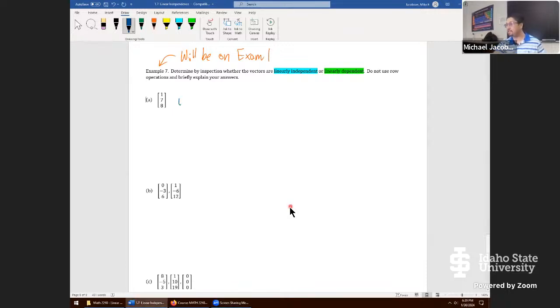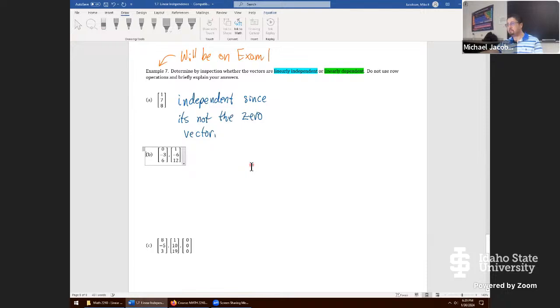This one is independent, since it's not the zero vector. So on the homework, this is pretty much all I'm asking for. On the exam, this is all I want. Just that overall conclusion. But let's keep on going through them.